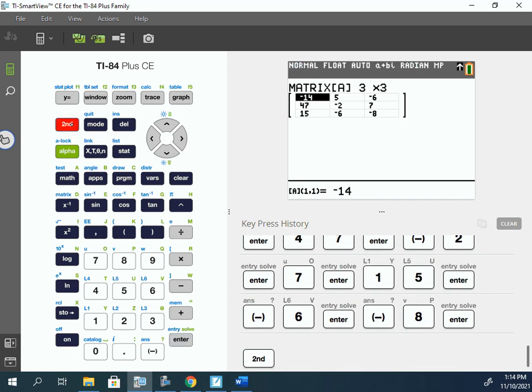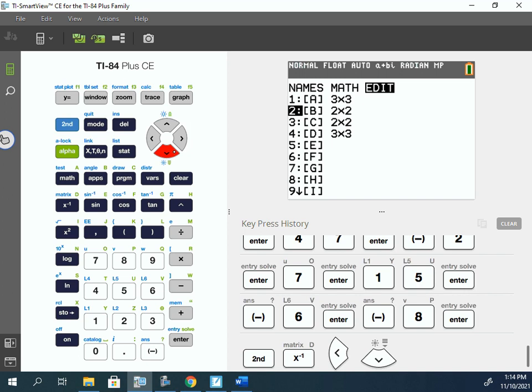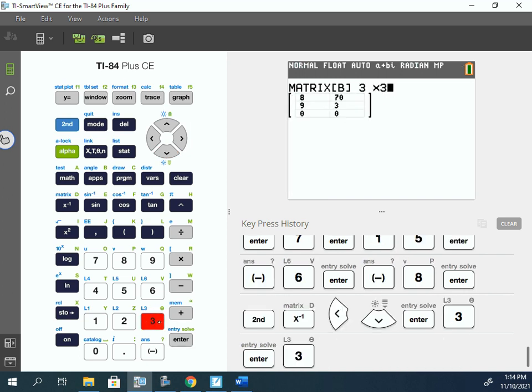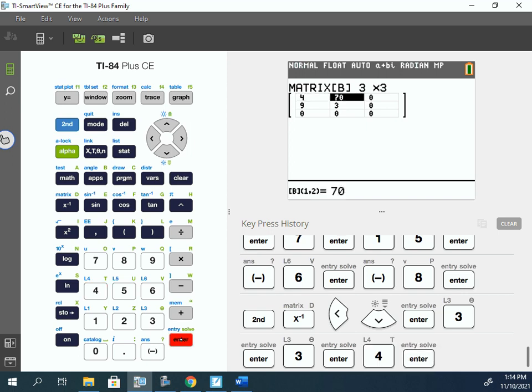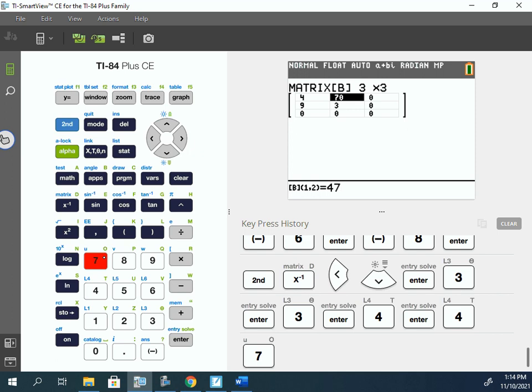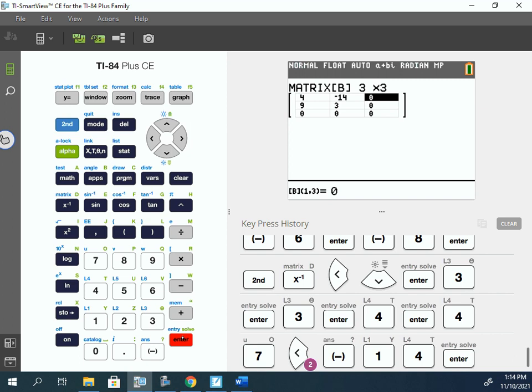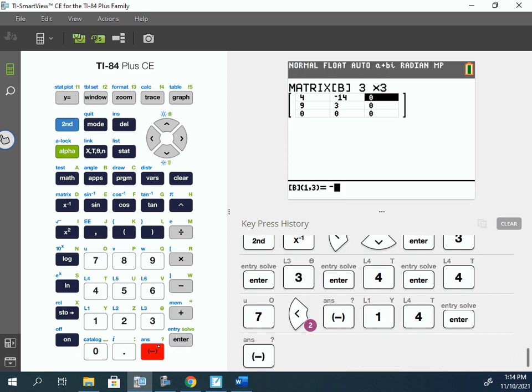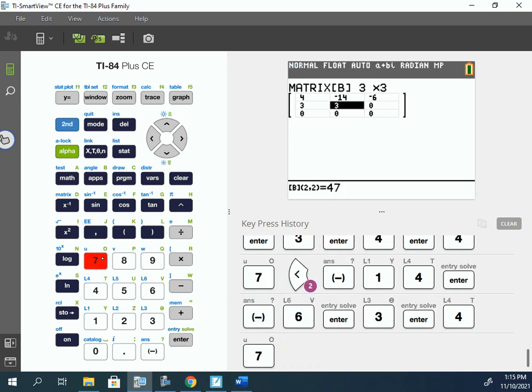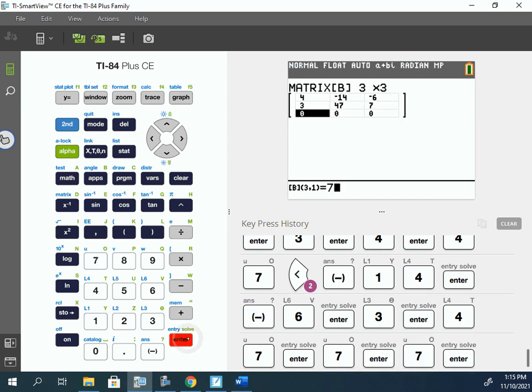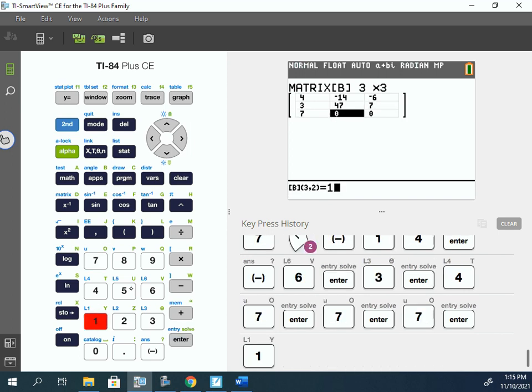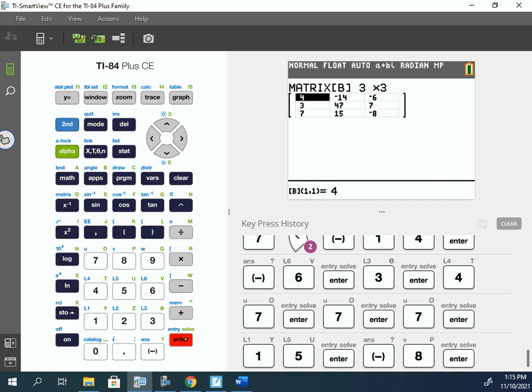And once we get that plugged in, we can go second matrix, over to edit, and down to B, which is a 3 by 3. And that one we have 4, -14. Good to make sure I get these typed in correct. -6, 3. Now we would have 47, 7, 15, -8.